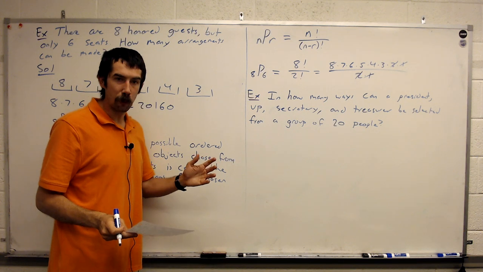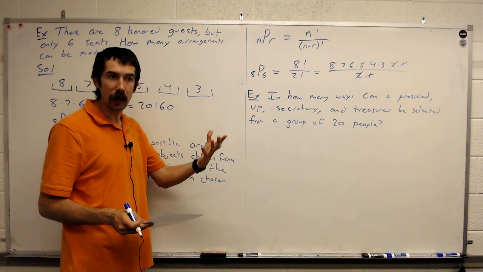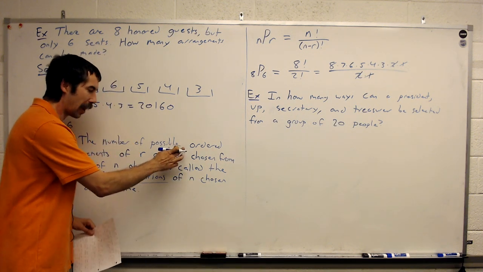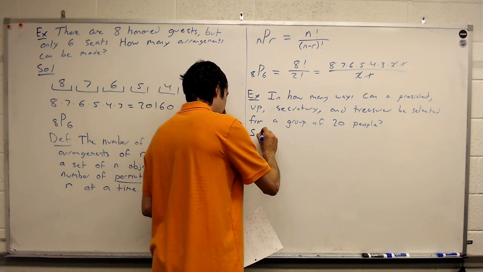All right, so here we have 20 people, and we need 4 of them to serve, and the order of selection matters.